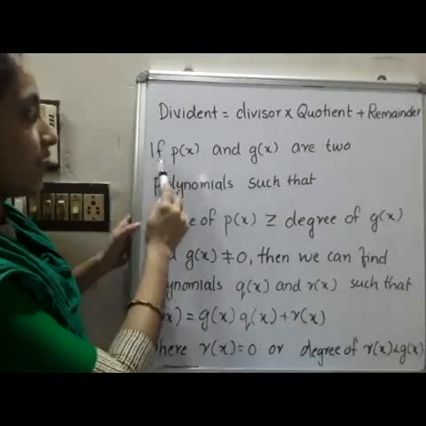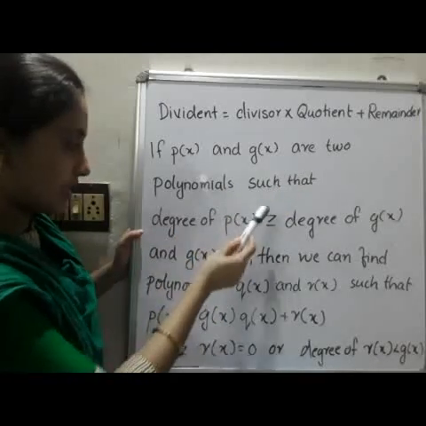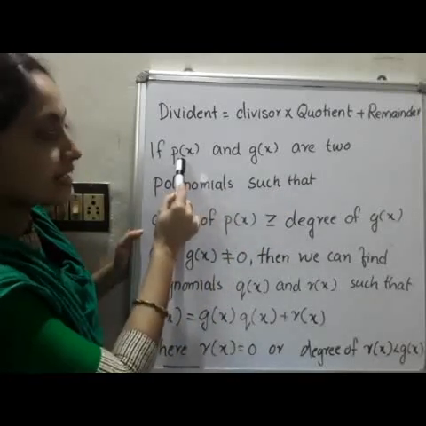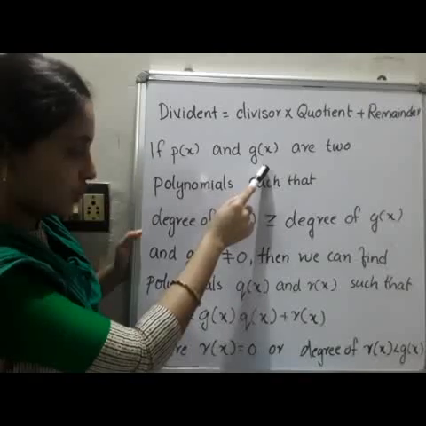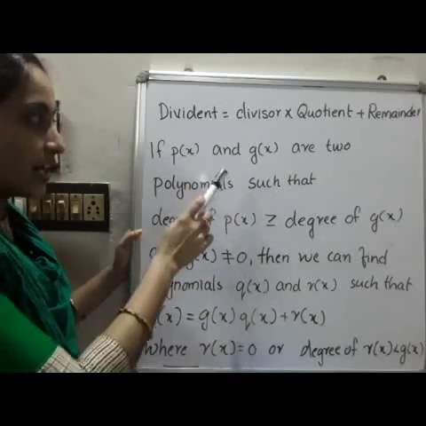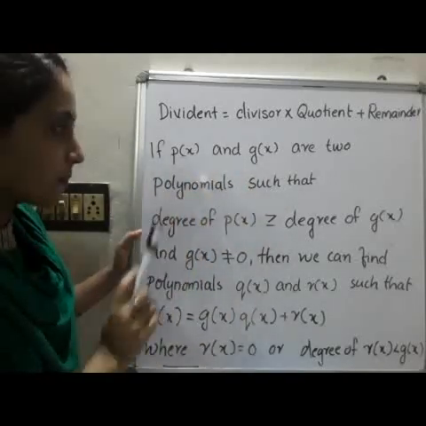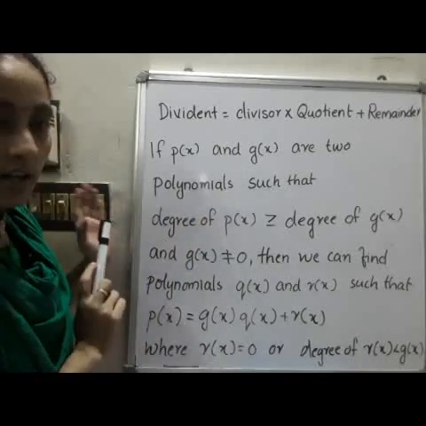Once again, if p of x and g of x are polynomials such that degree of p of x is greater than or equal to degree of g of x, and one more condition, g of x not equal to 0, then we can find what? Two polynomials.